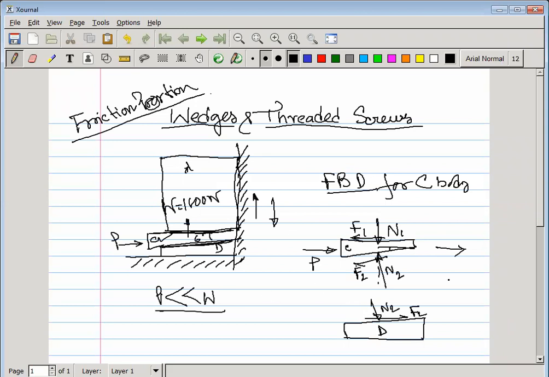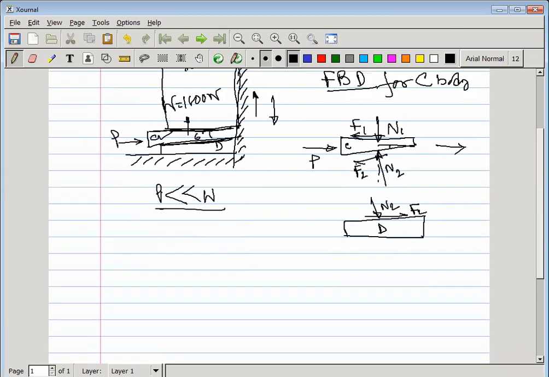And what is the free body diagram for this load, A? Students, please write this down also, otherwise you may forget. Here is W, here is N1, in this direction is F1, and as the body tends to move in the upward direction, the friction is in the downward direction, and the normal is perpendicular to the body.